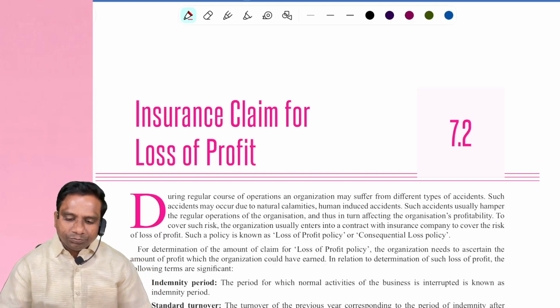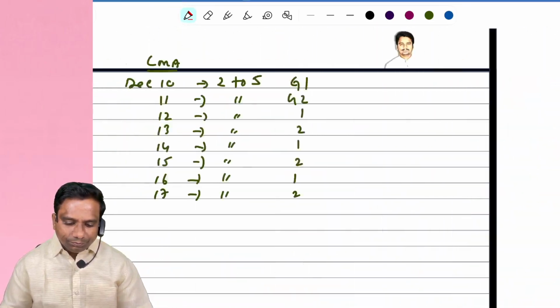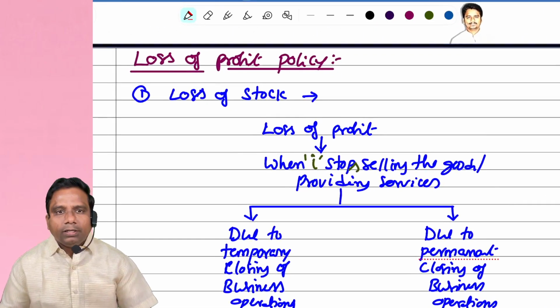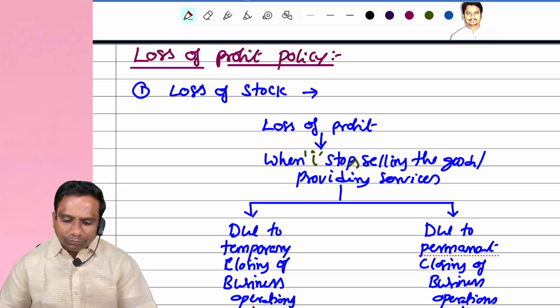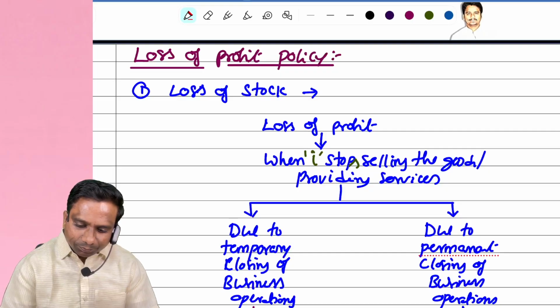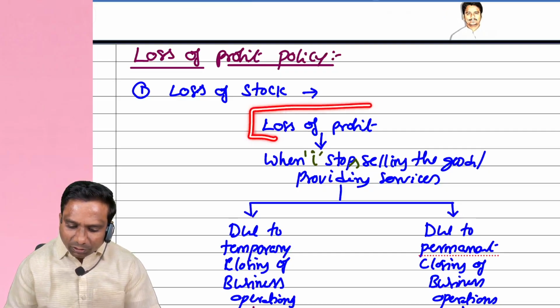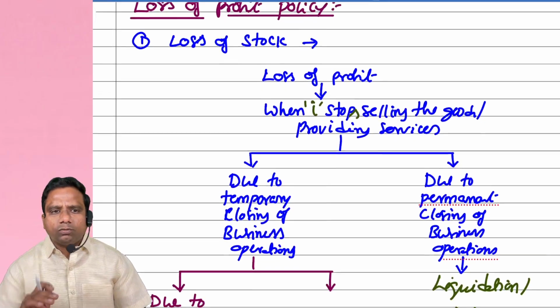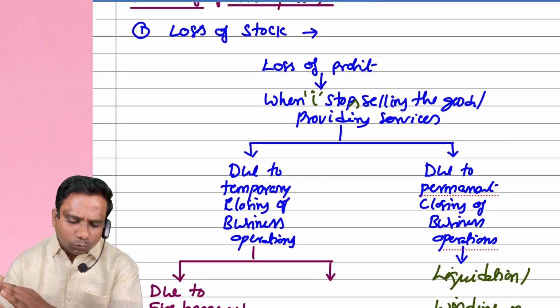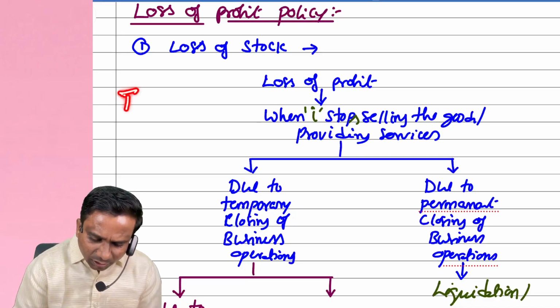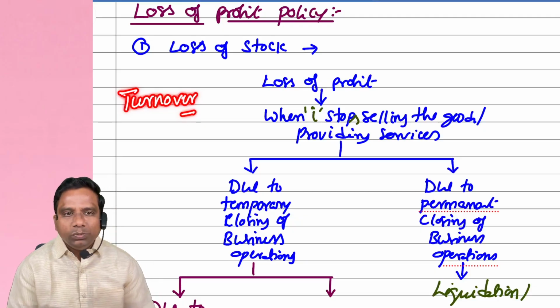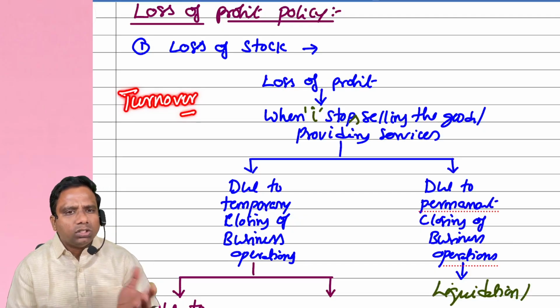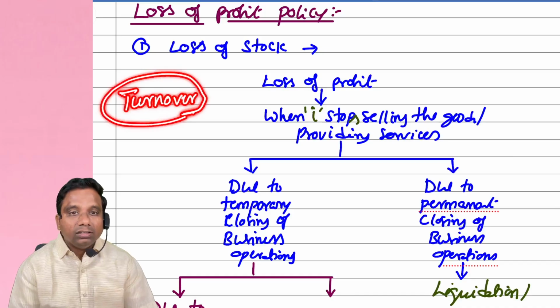Previously we have discussed loss of stock. Now observe carefully, here, loss of profit. Sir, what is this loss of profit? First of all, loss of profit means what? Generally, when a business does business, either providing goods or services, the business will generate turnover.